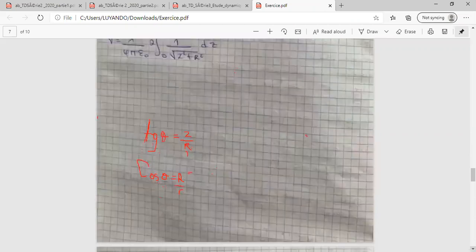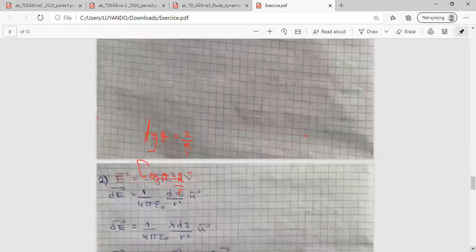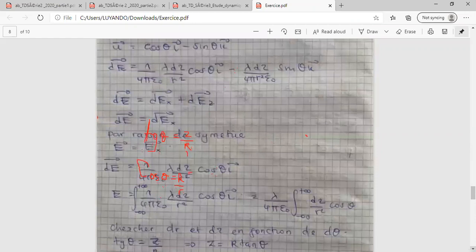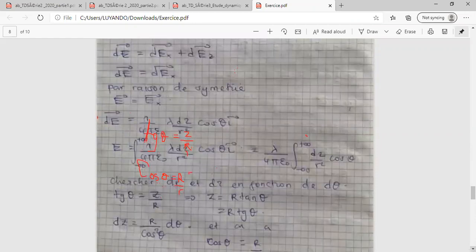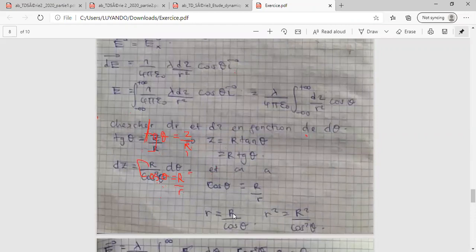So our r is equal to R over cos theta. And then our r squared is going to be equal to R squared over cos squared theta. So we just squared what we have here.